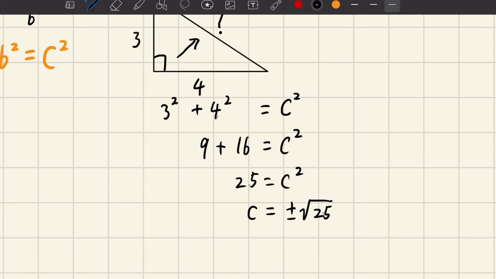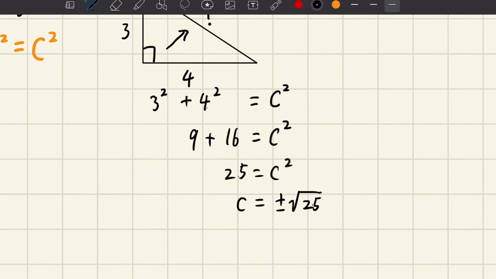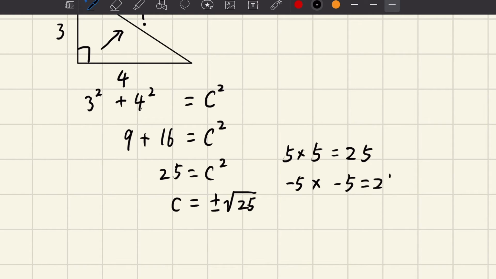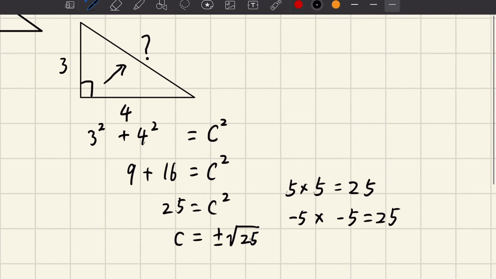This is very important, because algebraically there are two solutions for the square root of 25. If you think about it, 5 times 5 is equal to 25, right? And negative 5 times negative 5 is also equal to 25. But remember, we're trying to solve for c, which is the hypotenuse of a right triangle, and it is a distance.